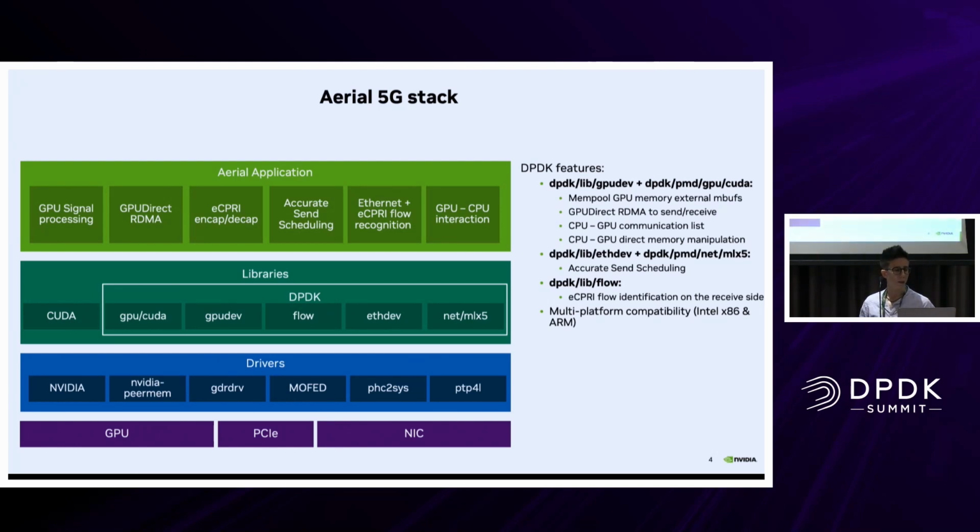Starting from the bottom layer, that's the hardware part. You need a GPU and a network card on your system, and they must be connected through a direct PCI connection. It means you need a PCI bridge that creates a direct connection between the network card and the GPU, not through the host bridge of your system, in order to enable the maximum throughput in the communication between the GPU and the network card.